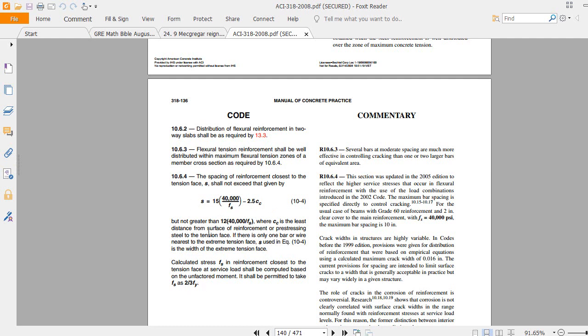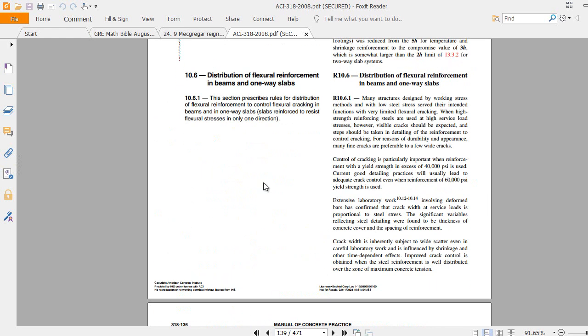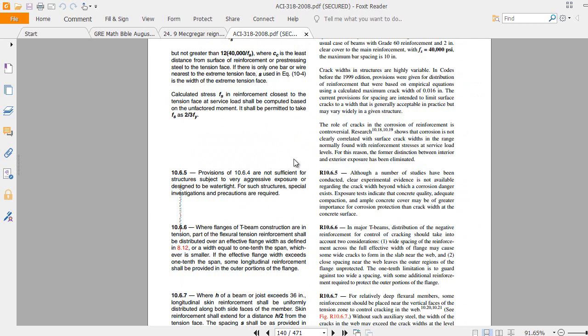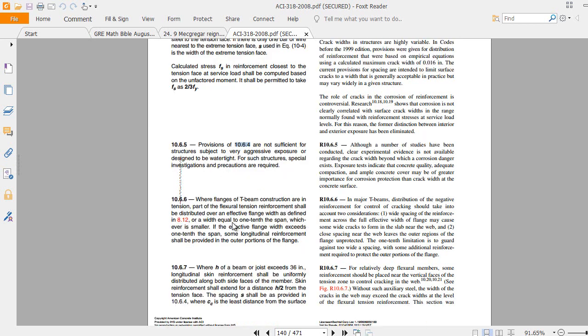This is very important, and at the same time you have to check that criterion as well, that 3 times h or 18 inch. The provisions of 10.6.4 are not sufficient for structures subject to very aggressive exposure. So this is very important.